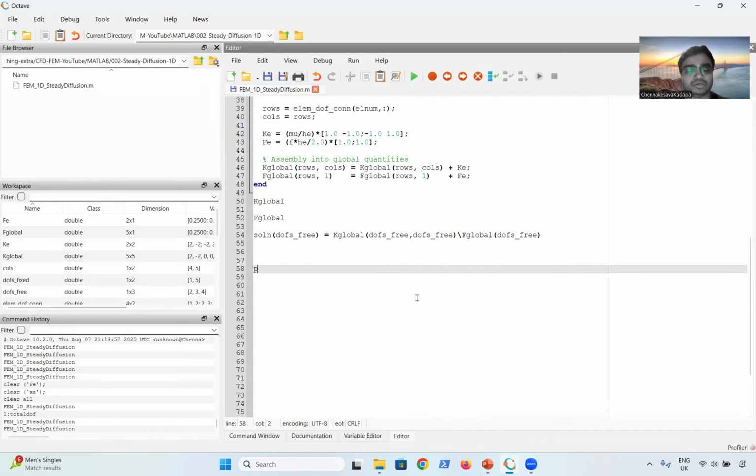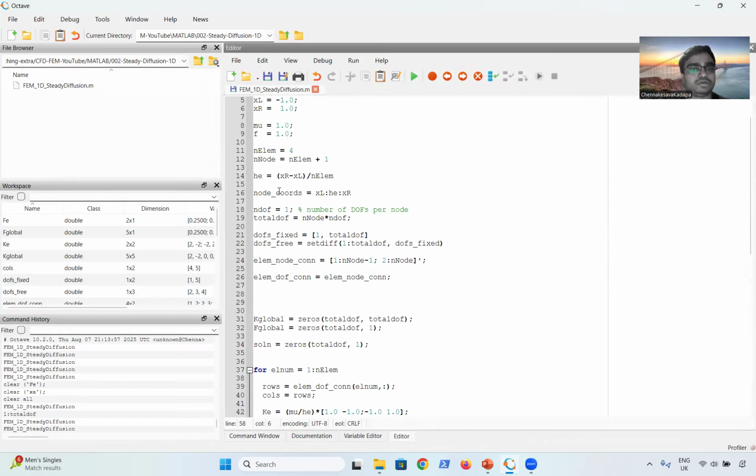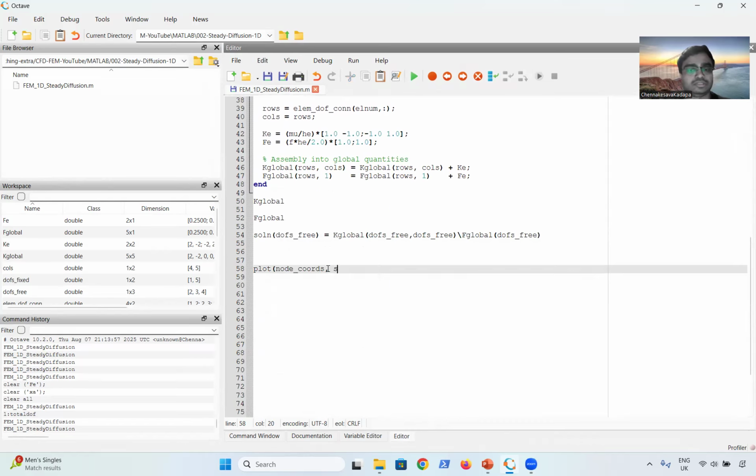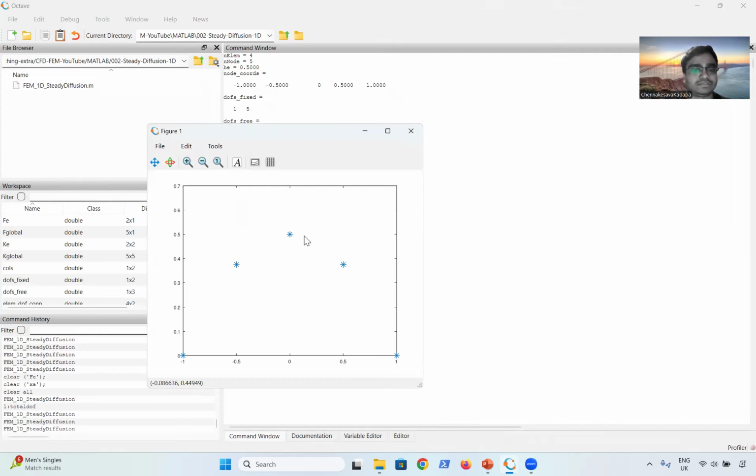Next we plot the solution. For plotting we use this node coordinates array, and then the solution. Let's use star. So this is our solution.